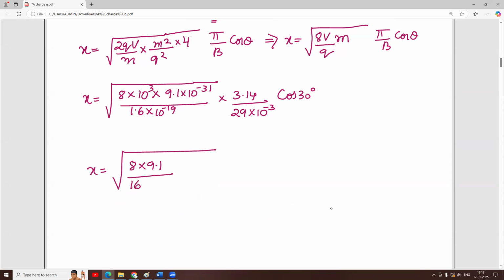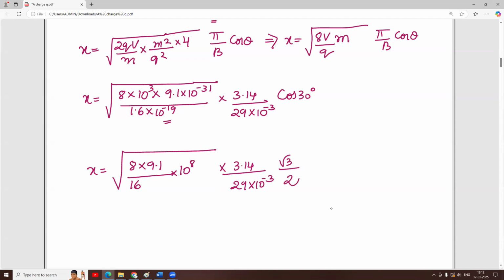Then it will be 10 to the power minus 20, because I have taken this as 16, minus 20, when it comes to the numerator, plus 23, 23 minus 31, it will be 8, 10 to the power 8, into 3.14 by 29 into 10 to the power minus 3, cos 30 is root 3 by 2.